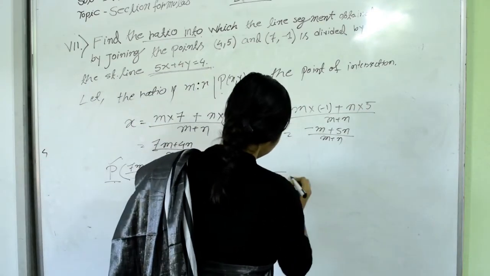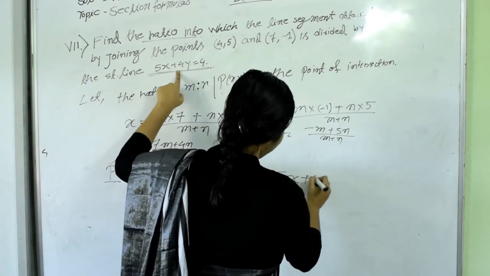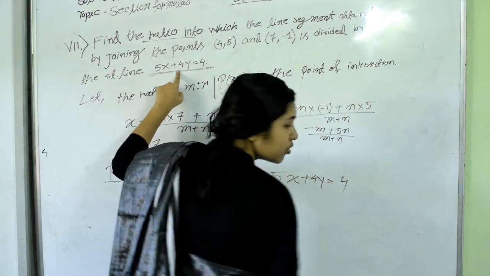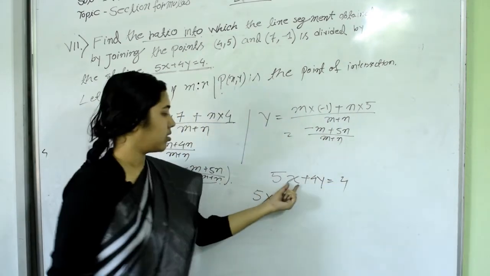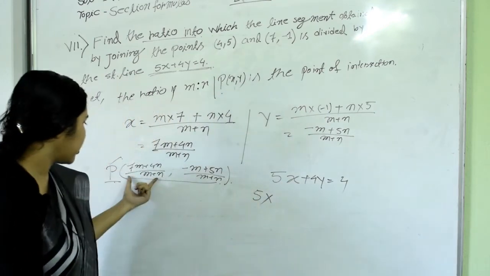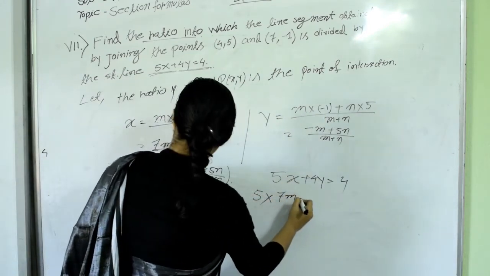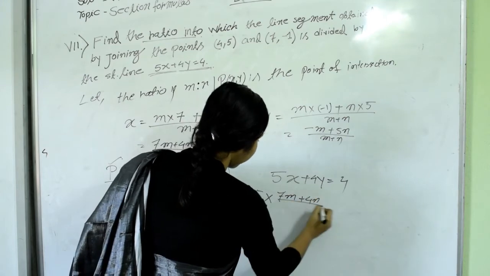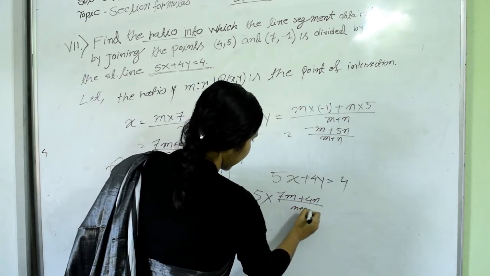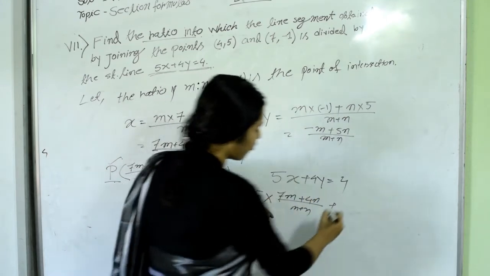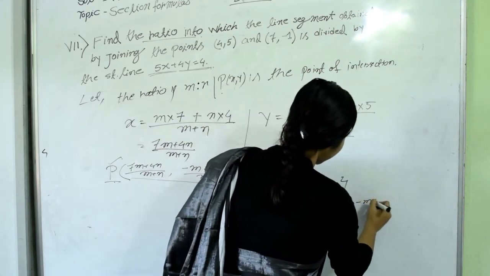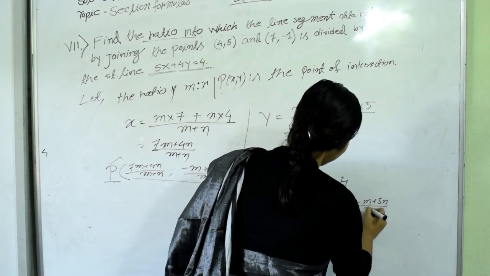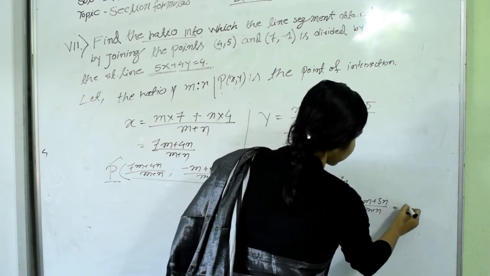Now consider this equation 5x + 4y = 4. Now here the value of x is (7m + 4n) by (m + n), plus 4 into the value of y, (-m + 5n) by (m + n), equals 4.